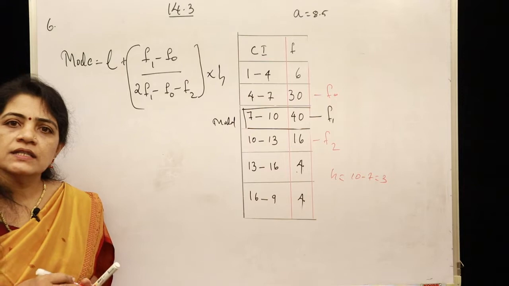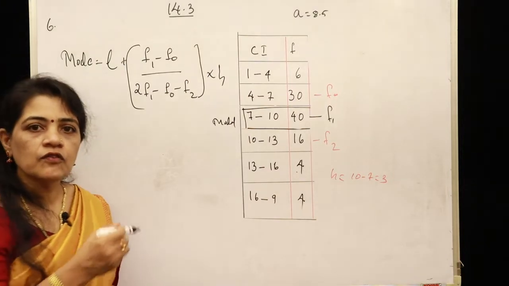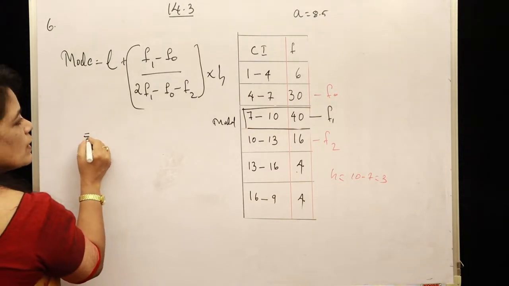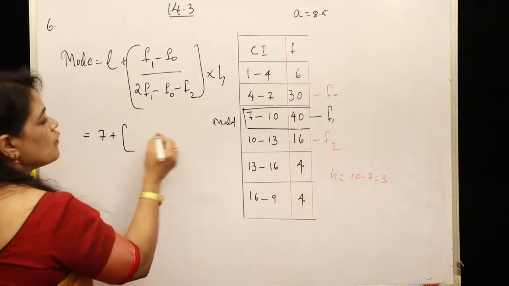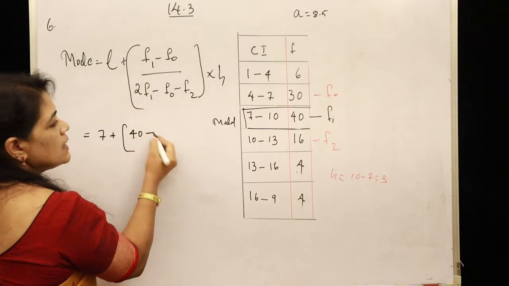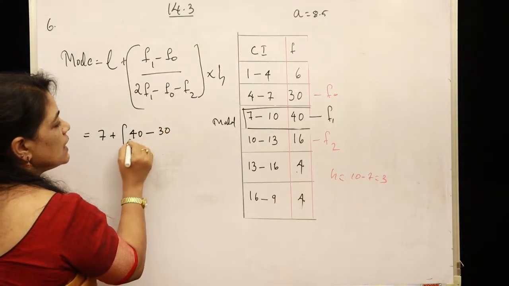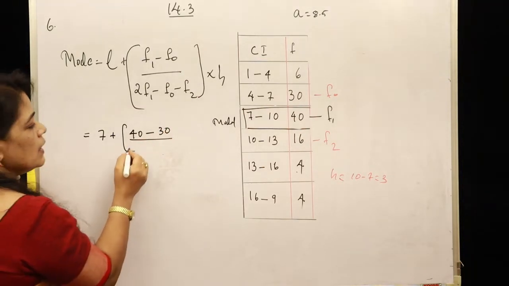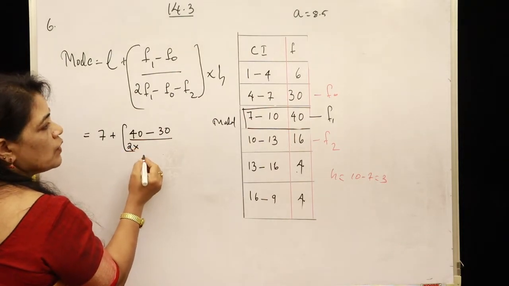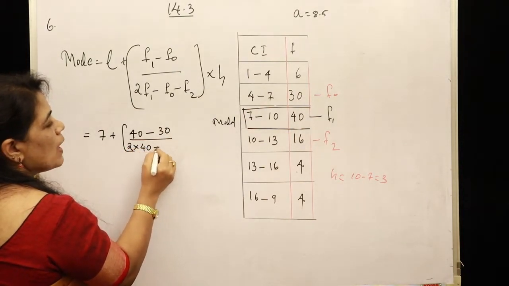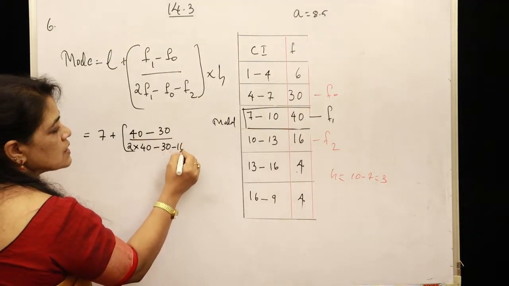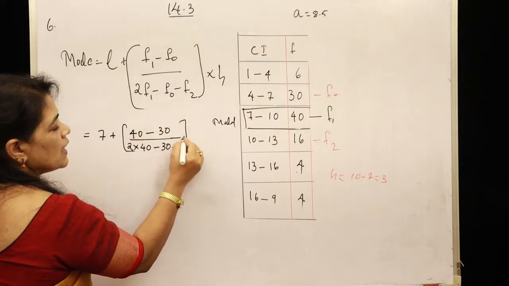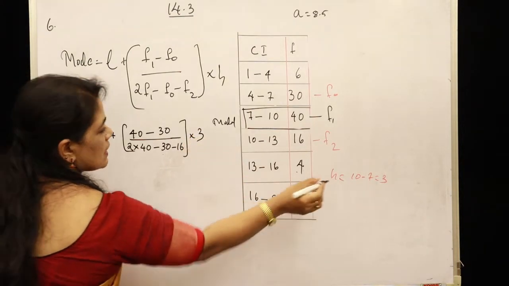Next, just substitute these values in the formula: L, lower limit 7, plus F1, 40, minus F0, 30, divided by 2 into F1, 40, minus F0, 30, minus F2, 16, into 3. Height is 3.